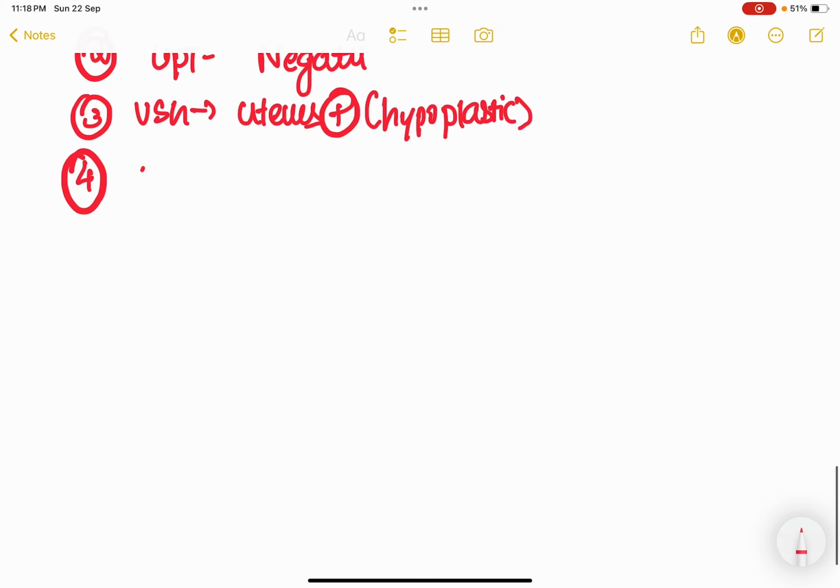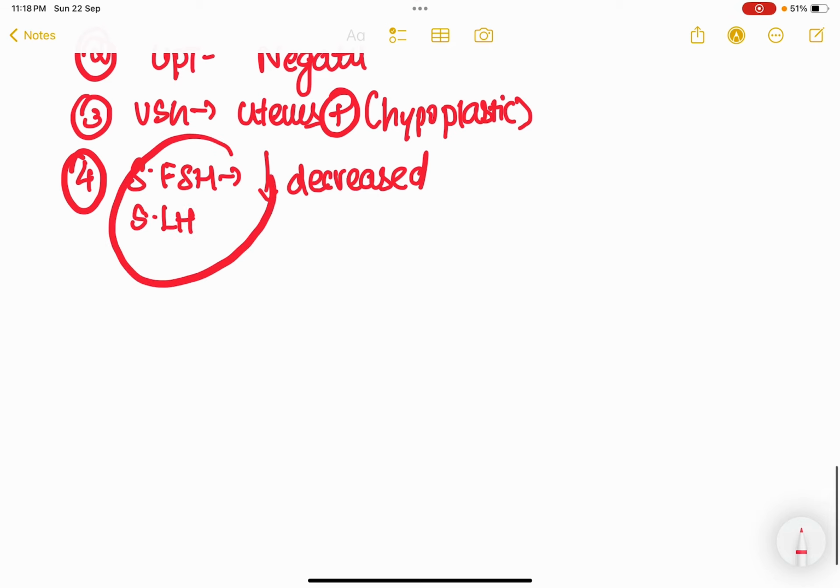Now when you do the serum FSH levels, it is going to be decreased. So decreased serum FSH and decreased serum LH is the characteristic feature.